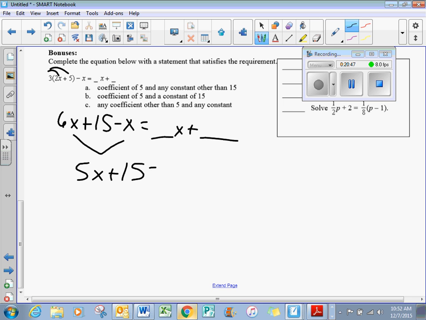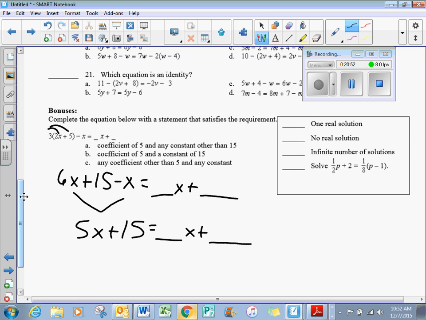So what would I have to put in these blanks to have, if I put in 5 and anything other than 15, what do I get for a solution? No solution, right? If these are the same, and these are not, it's no solution. Okay, that's what I wanted you to see there.